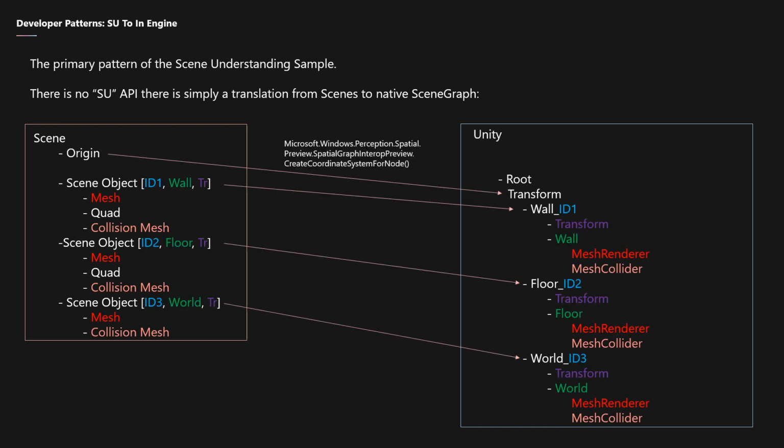Now this should be a little bit clearer as I highlighted all the pieces that map between your scene understanding scene and your Unity scene. You'll see that not everything is in the exact same place. For example, I've kept the IDs for all the objects, but I've encoded them in the names of the objects instead, because there's no place to put them in Unity. I've decided to ignore the quads for this example, but I've kept the meshes and collision meshes and converted them to meshes and mesh colliders.